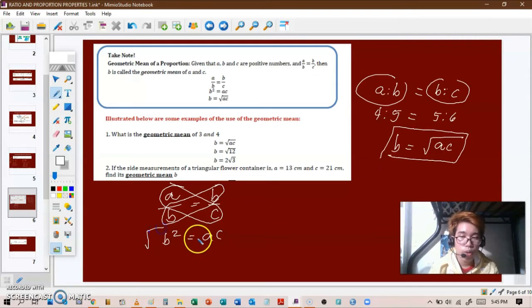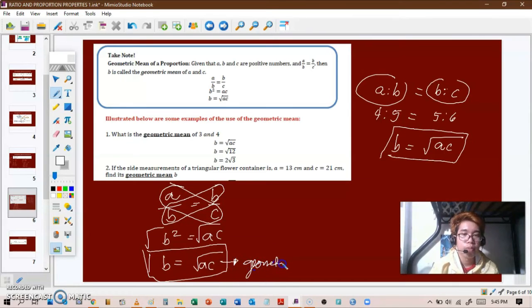And then we square root both sides of the equation so that we get the value of B is equal to the square root of the product of A and C. So that's the value of B. And we call this equation the geometric mean.